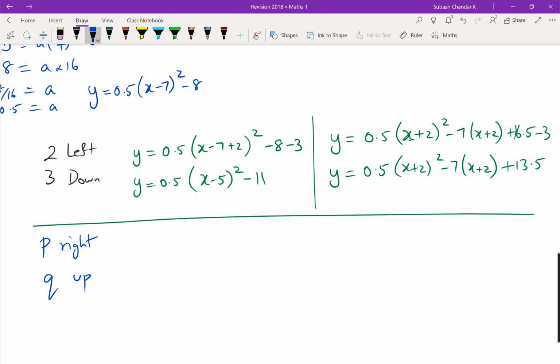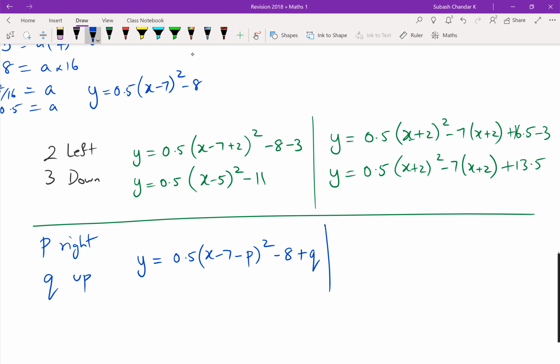So, we got P units to the right, which means we need to write it like this. Y equals 0.5. We already have x minus 7. And because it's going P units to the right, we're going to write that as minus P. And then it's going Q units up, so plus Q at the end.